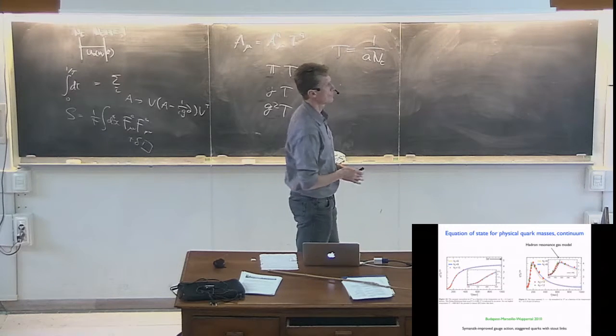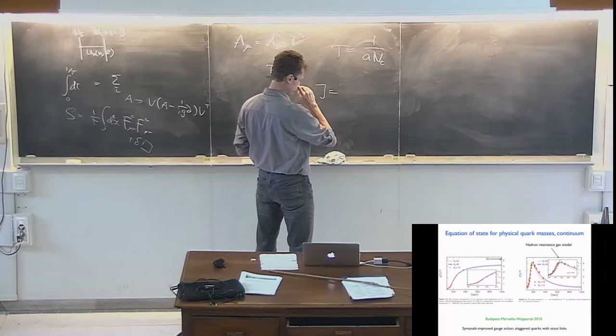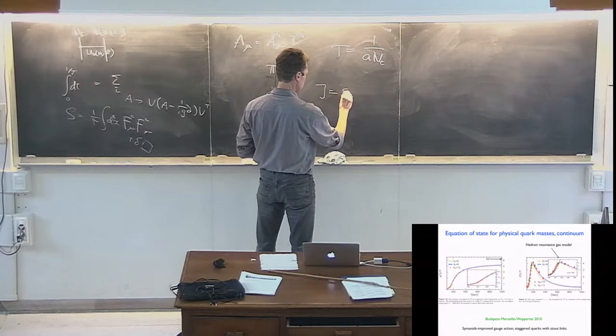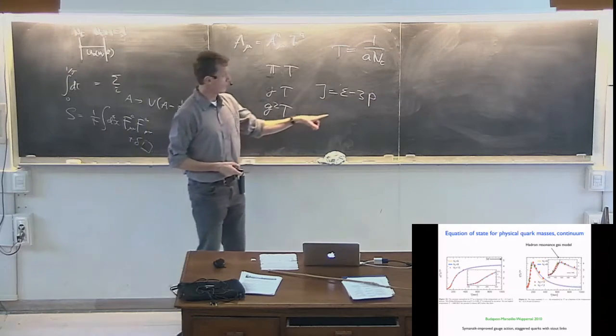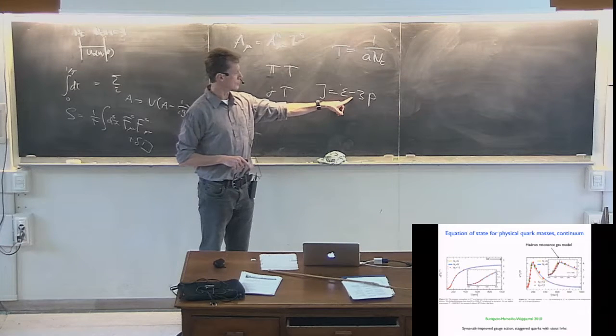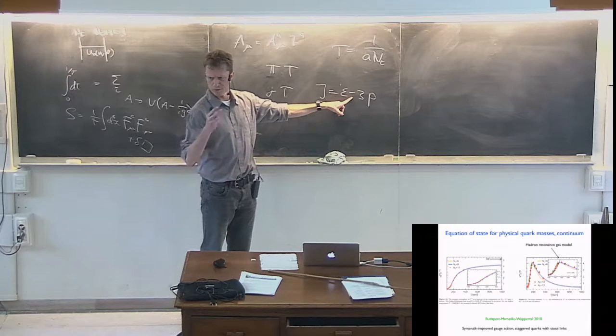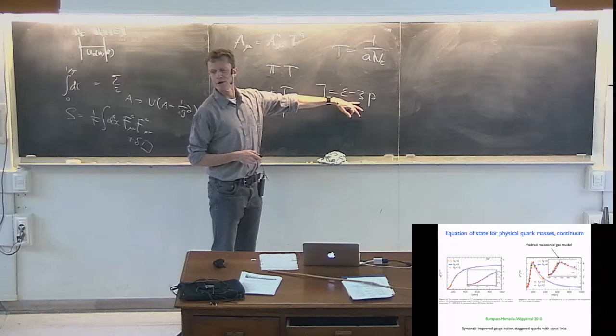So this I is E minus 3p, which is 0 in an ideal gas, because in a non-interacting gas, right, the energy is 3 times the pressure, or the other way around. I always confuse them. So that's why people say this is the interaction measure.